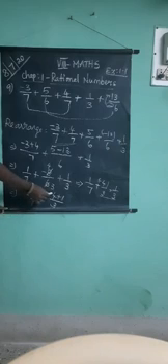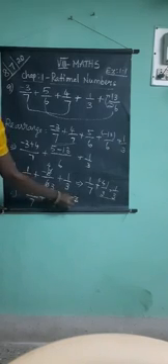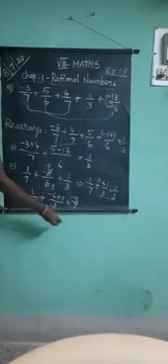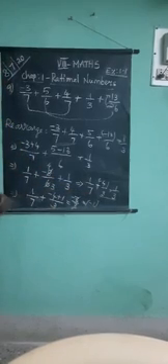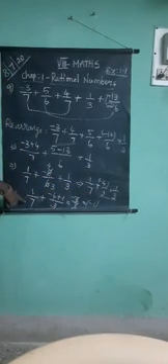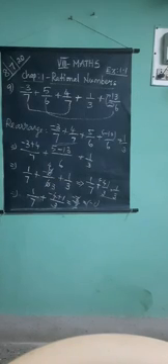You subtract, both numbers are different. Subtract means minus 3 by 3. Cancelled means you get minus 1. Here 1 by 7 minus 1.